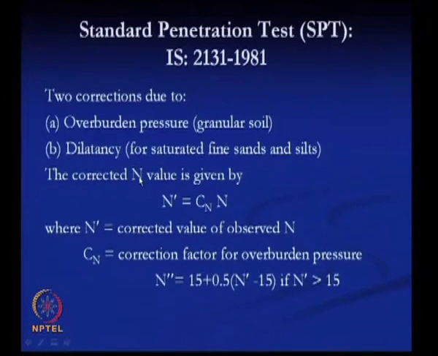So, this N is the measured N value in the field, and this N dash is the corrected N value after applying the overburden correction. C n is the overburden correction factor.